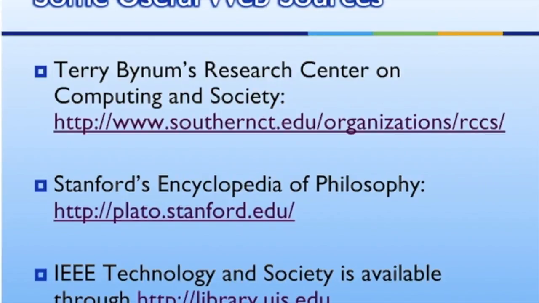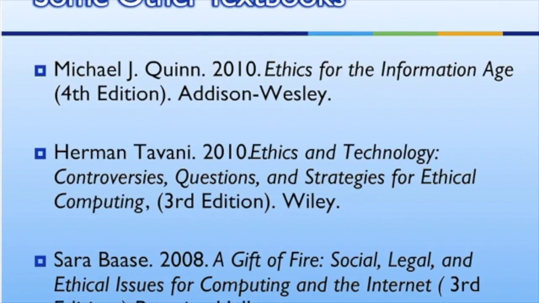And I edit a magazine called IEEE Technology and Society, and there are articles that are relevant to some of the things we'll discuss in this class. Fortunately for you, you can get to all the old issues of Technology and Society for free through UIS's library website.